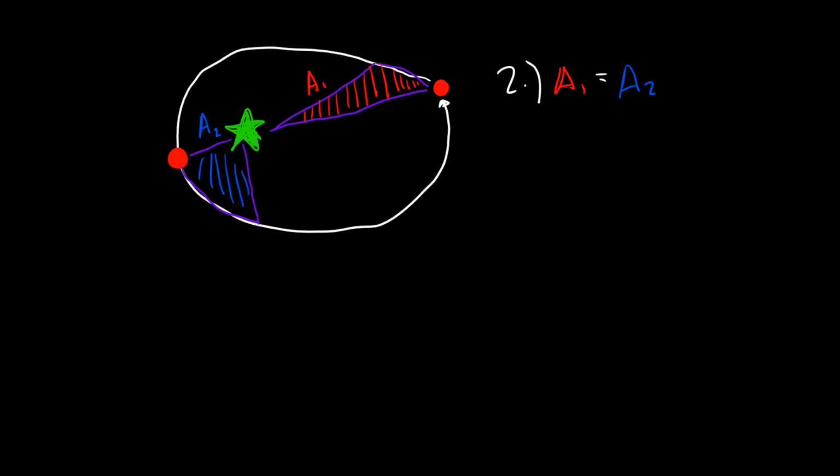So another way to say this is that if this planet is going around and around and around, sweeping out some total area, the change in that area, which I'll call dA, in some time dt, is equal to a constant.